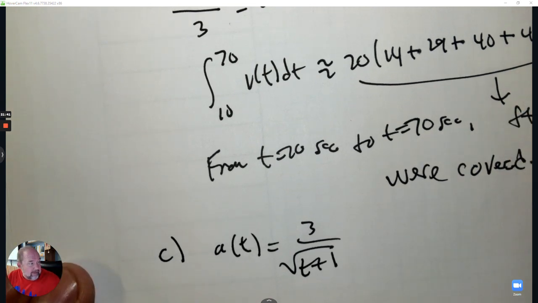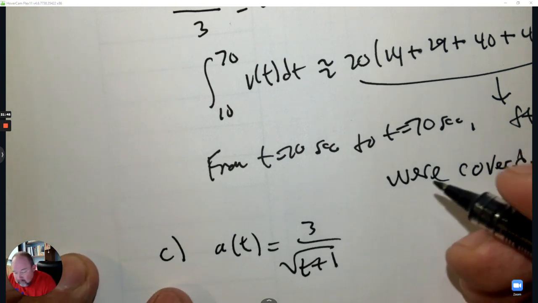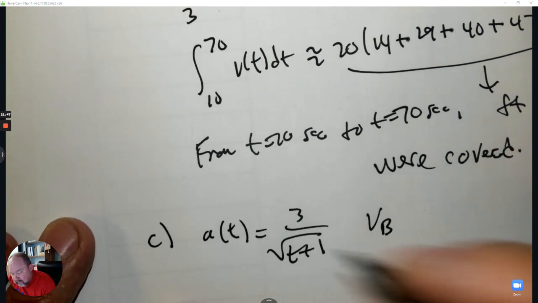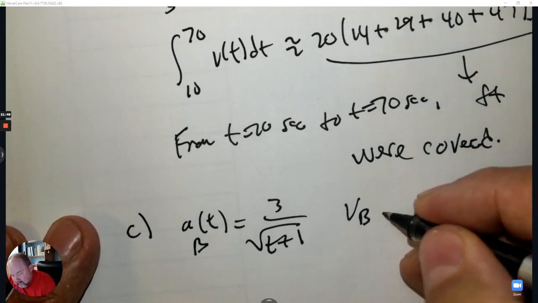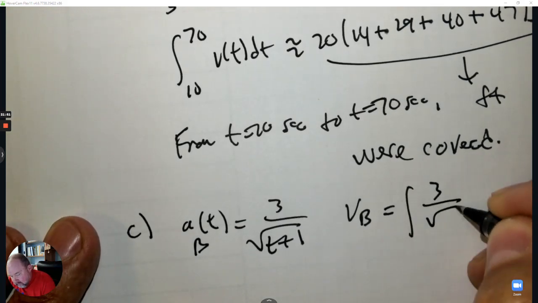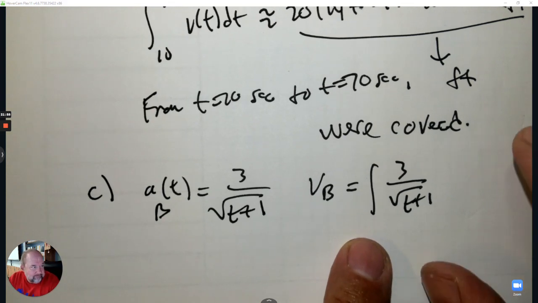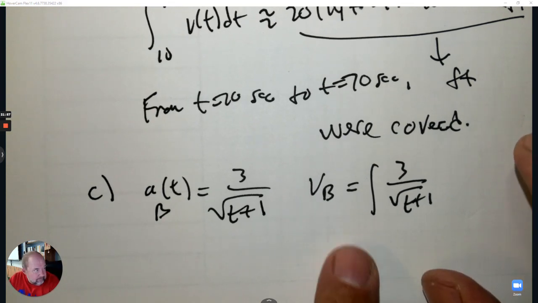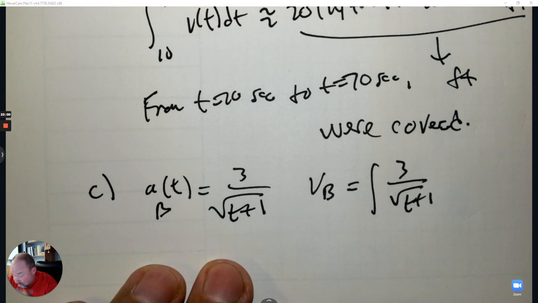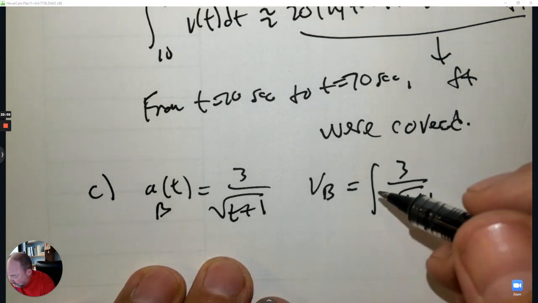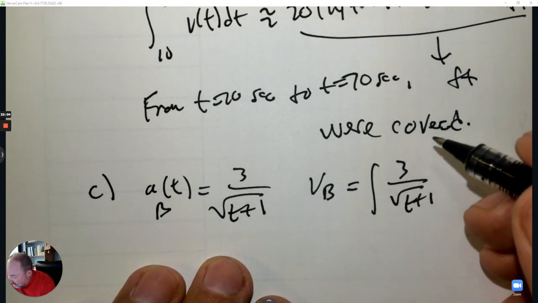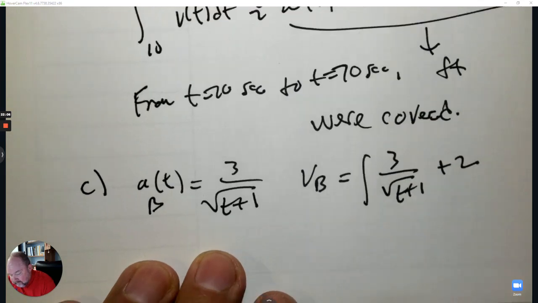And explain that. So the velocity is this. And then they say the initial velocity, right?